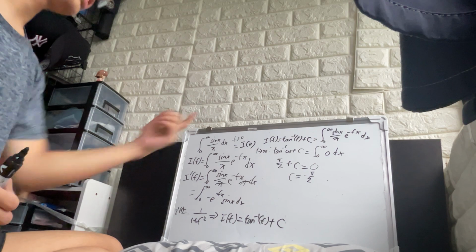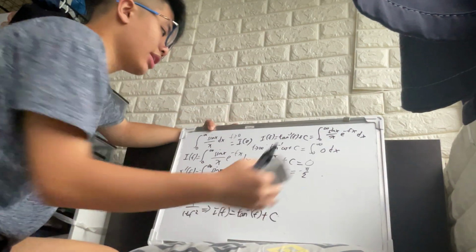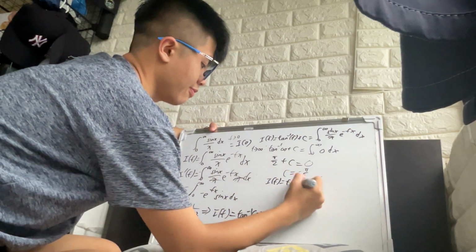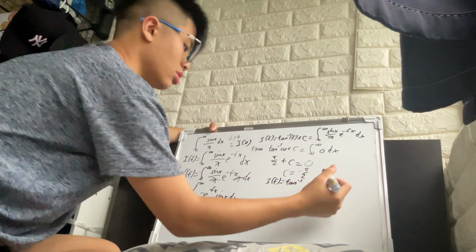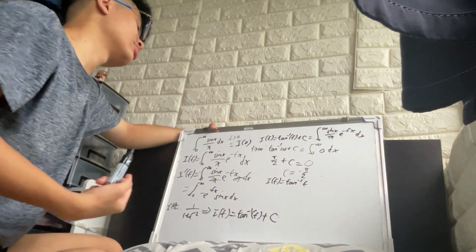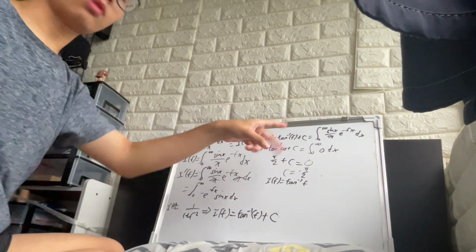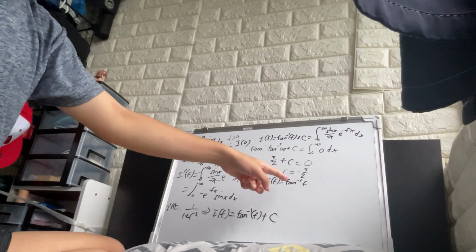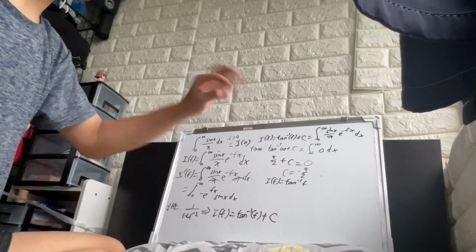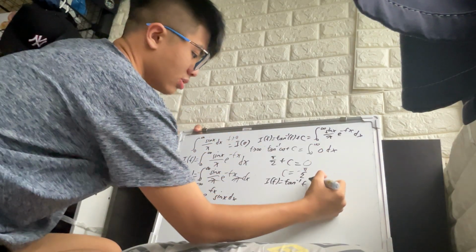And this is really cool. Let me just erase this. We can figure out I of f is equal to inverse tangent of our f. We don't need parentheses here since we only have one variable, though it's okay if we put them in or not. So our c is equal to negative pi over 2.